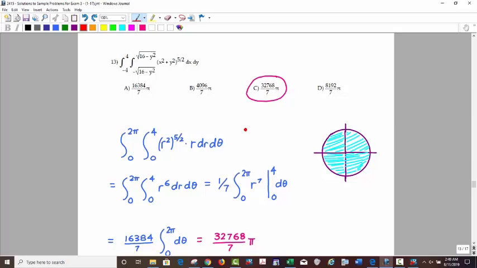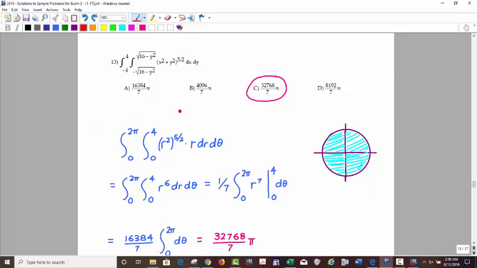No problem. So, circle with radius 4, square root of 16. So we're going 0 to 4. That would have been 0 to 4 no matter how much of the circle we covered, but 0 to 2 pi because we're covering the entire circle.